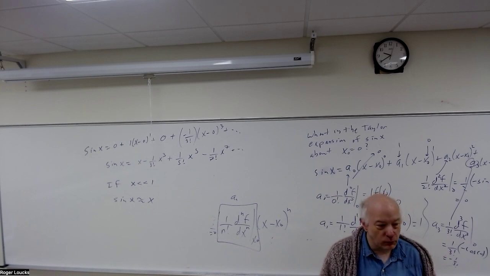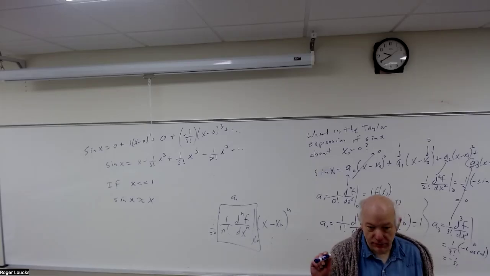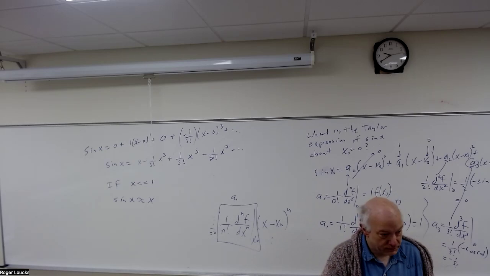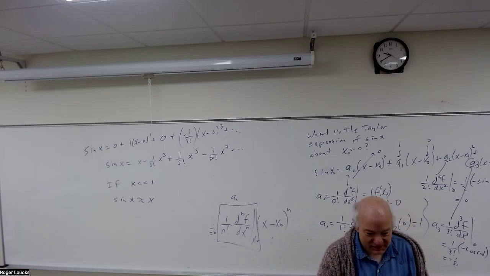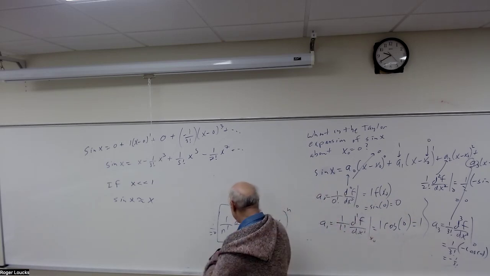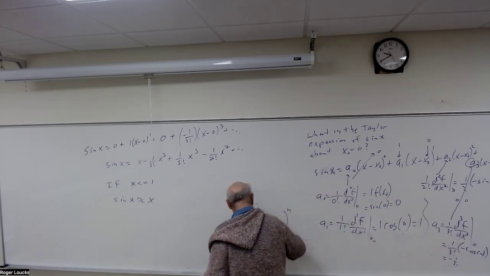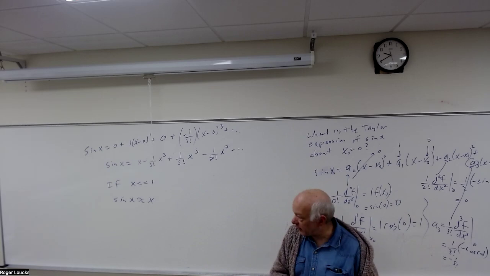Early on in this class, what did I have you do? Derive the derivative of sine of x. Remember that? Yes? Where have you seen this again? Well, let's get one more, then I'll show you exactly where we used it.